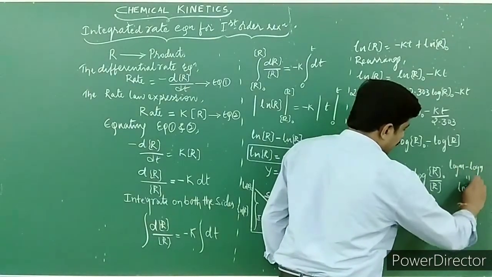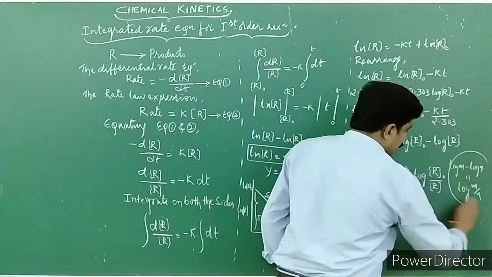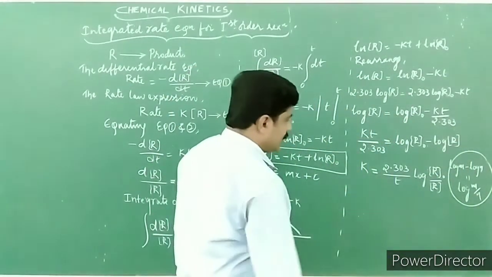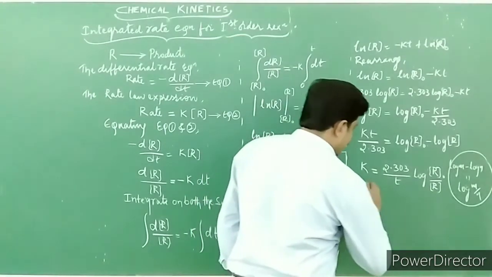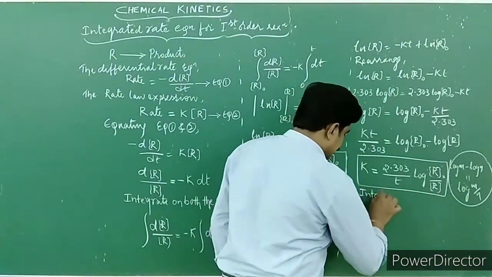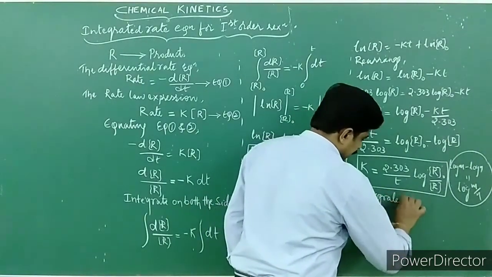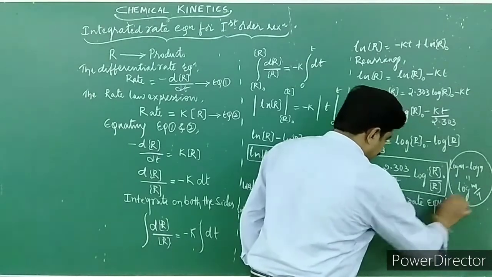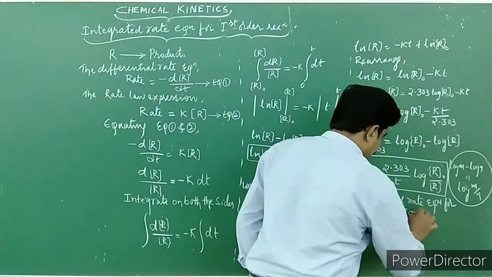Log m by n. Okay, the same rule I used here. So in that case, children, this is the integrated rate equation for first order reaction.